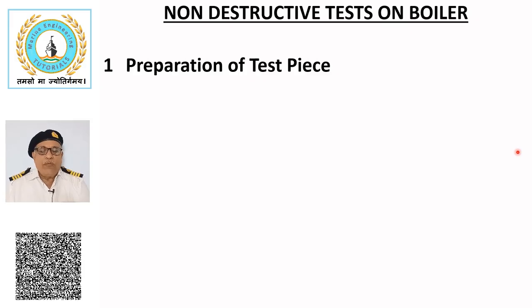It is then washed with alcohol and water to remove grit and grease. The test piece is then etched with an acid solution consisting of 2% nitric acid and 98% methylated spirit to remove a thin layer of amorphous metal.